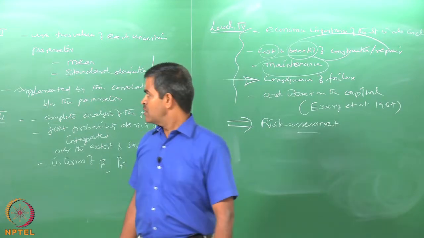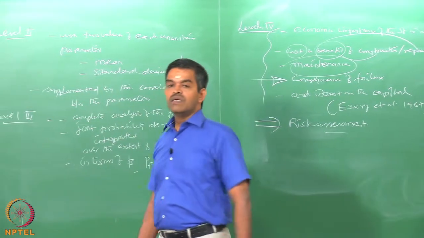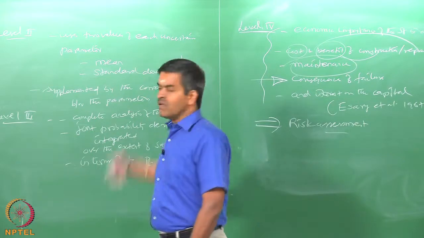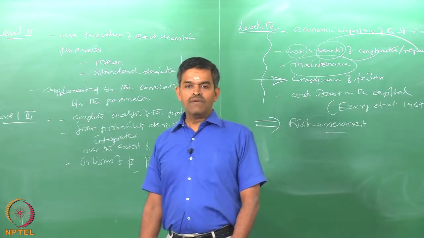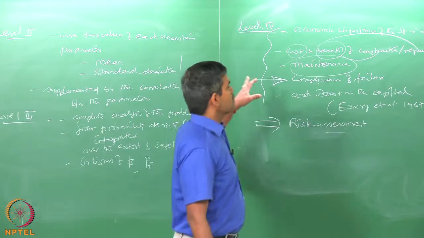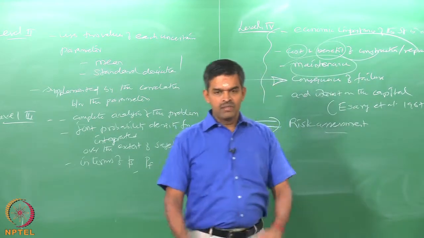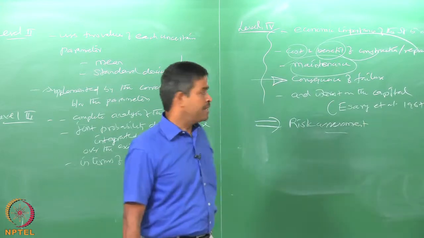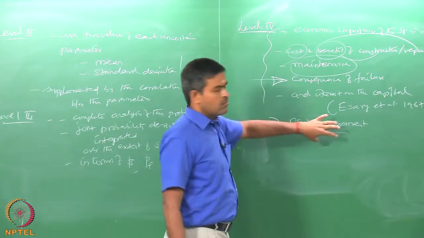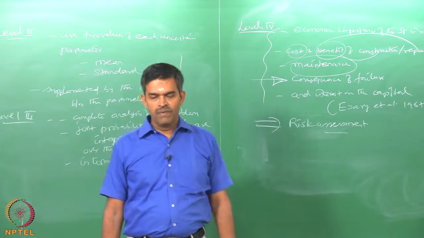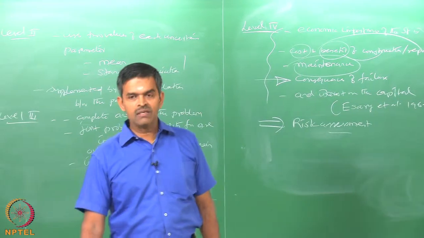We have also understood different levels of reliability, what the players in each level are, and we realized that in level 4 engineering economics is encompassed in the reliability study. Therefore, it is converging towards what we call risk assessment. Further details we will see in the next lecture.